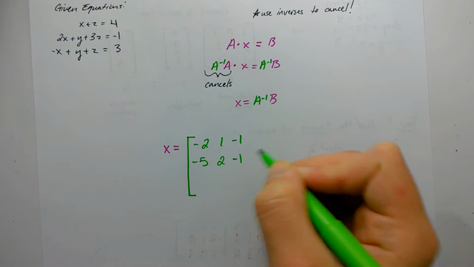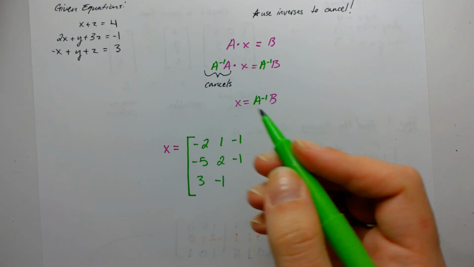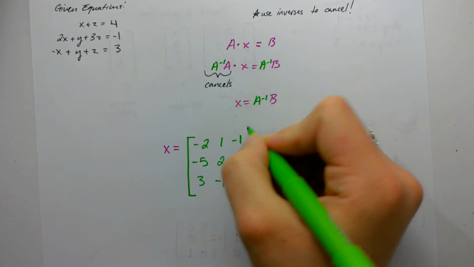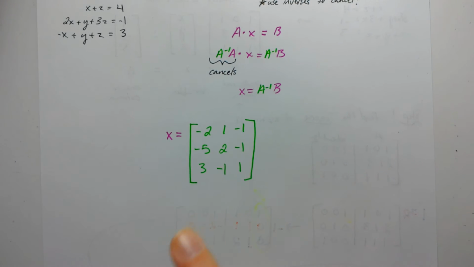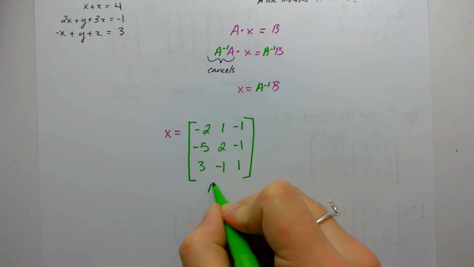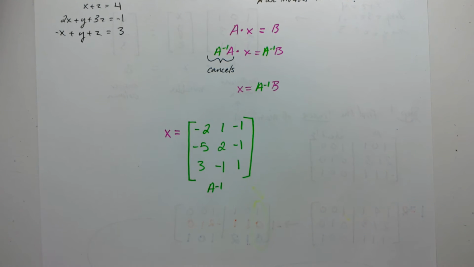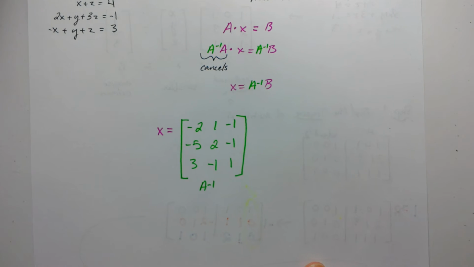And a very important note in solving a system of equations using an inverse is that you need to make sure that this inverse is golden and solid and correct, because if it's not, then it's going to completely mess everything up. So it's super important that you have the correct inverse.